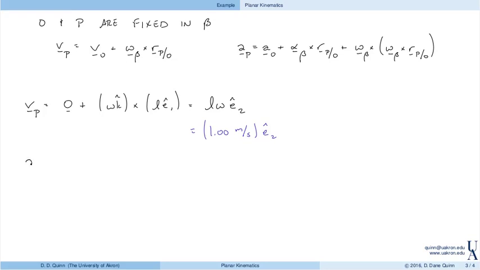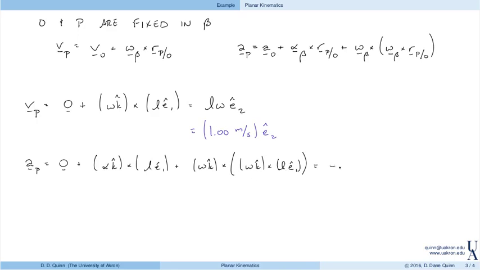So now turning to the acceleration, the acceleration of O is 0 because it's fixed in the ground. The angular acceleration is alpha k cross L E1 plus omega k, the angular velocity, cross omega k cross L E1. And I can evaluate this now to find that the acceleration is, this term becomes minus L omega squared in the E1 direction.